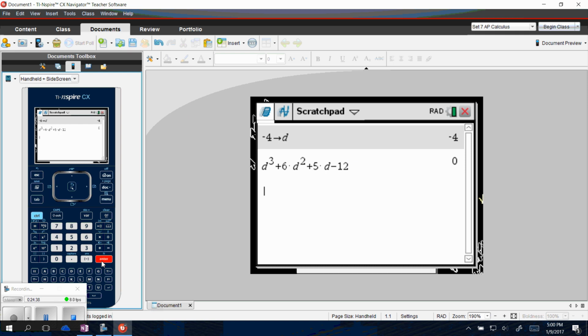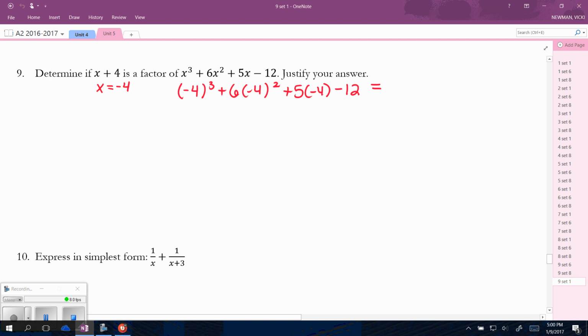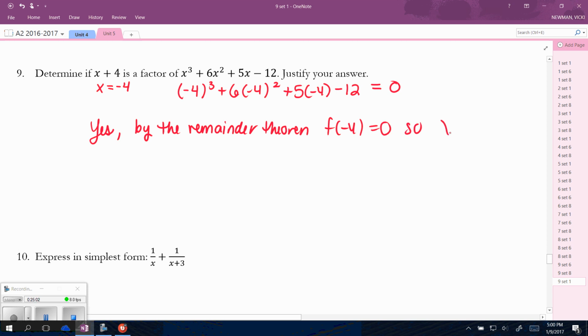I get 0. So that means x equals negative 4 is a root, which means x plus 4 is a factor. So I get 0. And I can say, yes, by the remainder theorem, f of negative 4 equals 0. So x plus 4 is a factor.